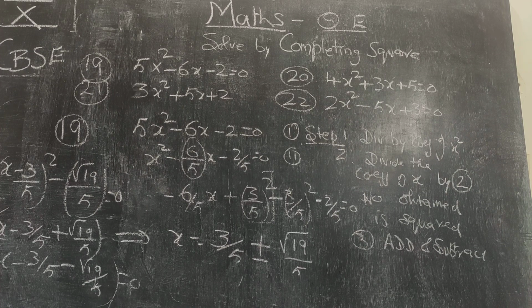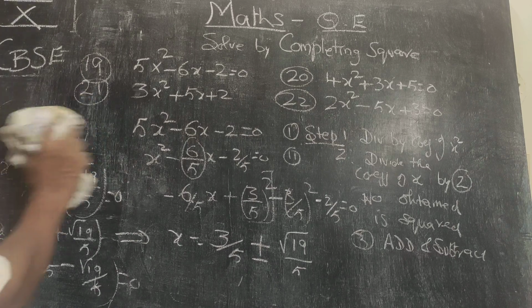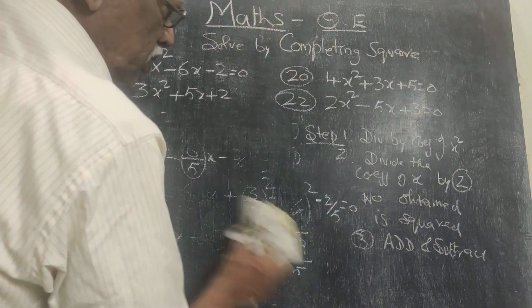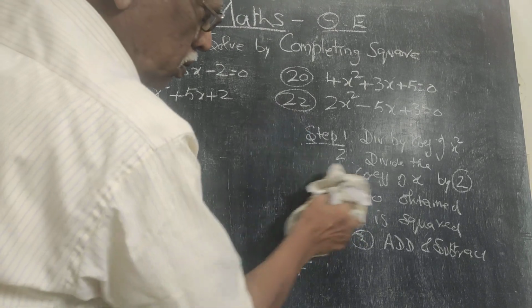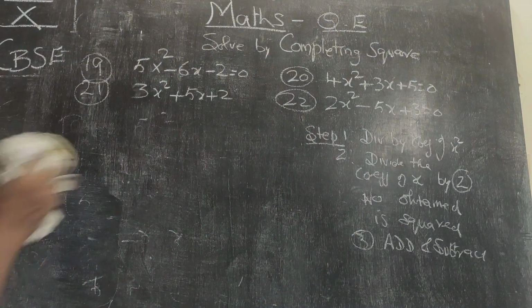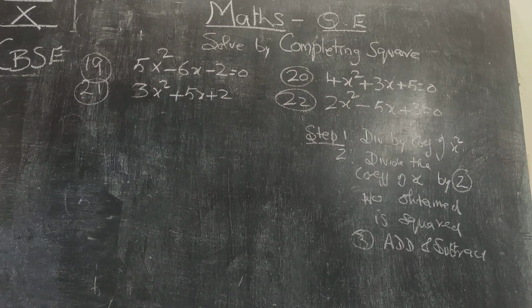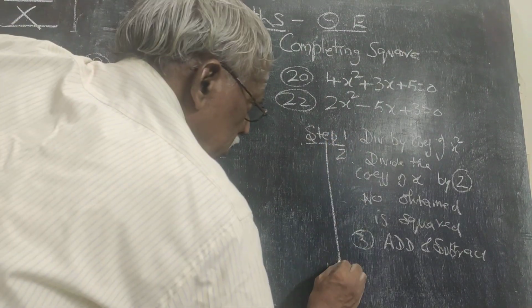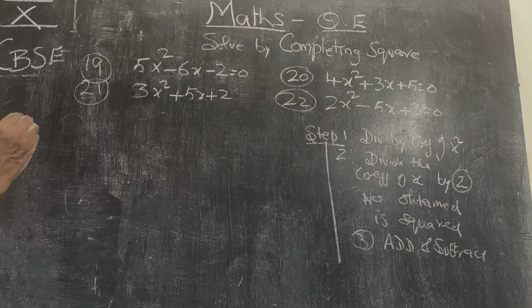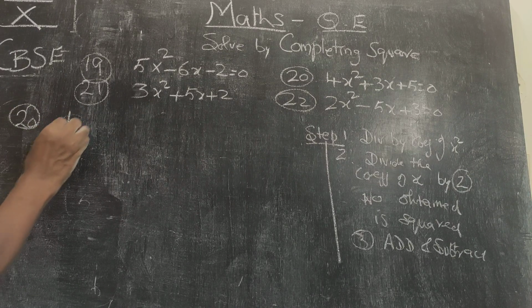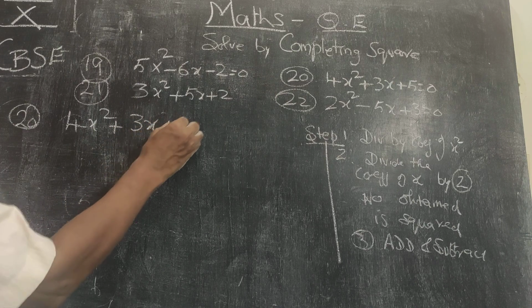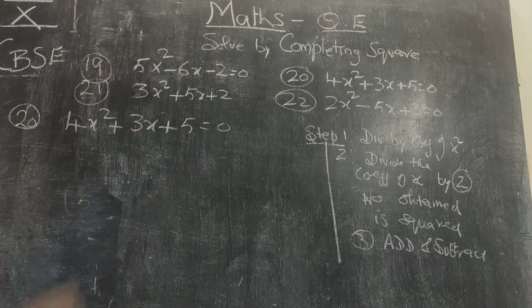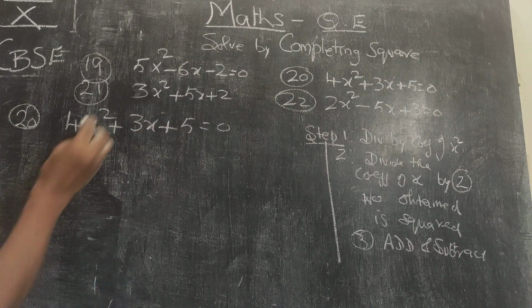Second problem, or 20th problem. Question number 20, 4x square plus 3x plus 5 equal to 0. What should we do first? Divide by 4.